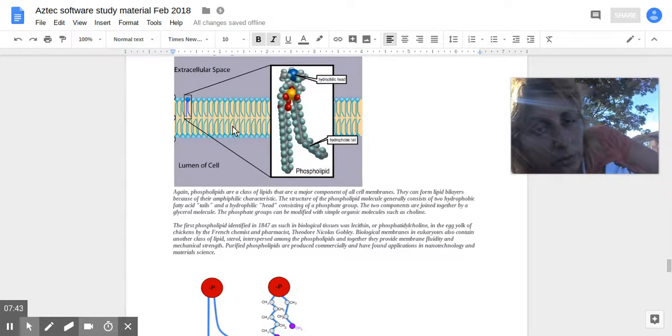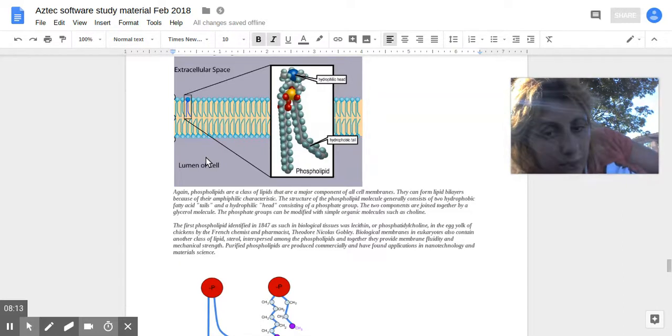Their nonpolar tails, fatty acid tails, or hydrophobic tails, face one another because the nonpolar tails interact, and the polar hydrophilic heads face the water and the solution, which is polar, and they interact with other polar parts of other molecules.